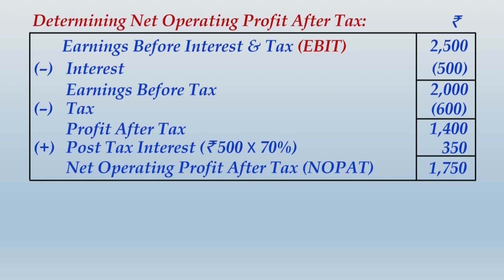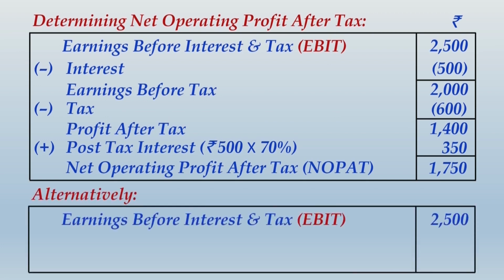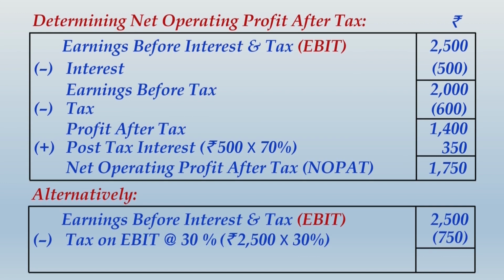And then we have discussed an alternative way of making this calculation, and this can simply be done by subtracting tax directly from EBIT. So what we are doing is we are again making the starting point as EBIT, and this time we will directly apply tax on EBIT. So tax on EBIT, that will be 30% of rupees 2500.